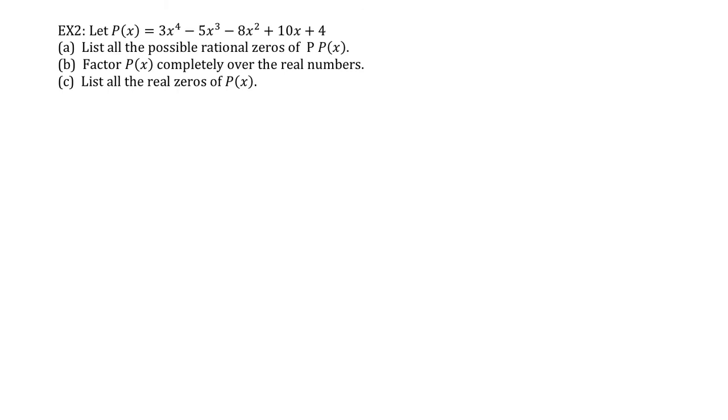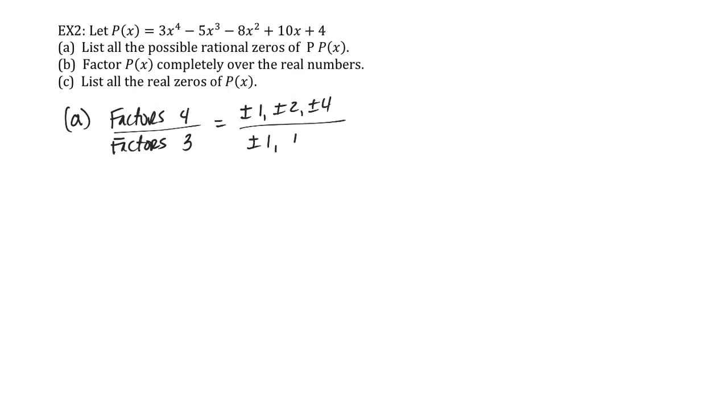Let's do one more example like this. So let's see, for the first part, we list the factors of our constant term divided by the factors of our leading coefficient. So that would be plus or minus 1, 2, all the different ways of multiplying to get 4. And we would have 1 or plus or minus 3.